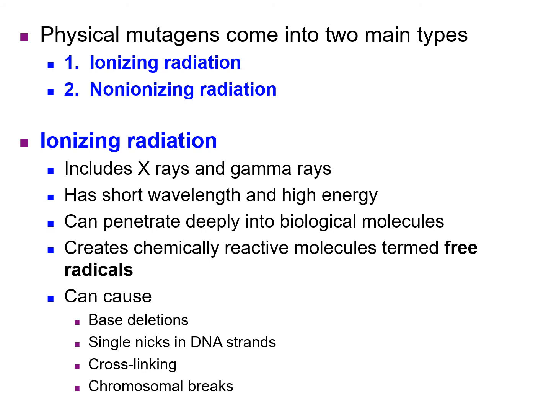This will create chemically reactive molecules termed free radicals. These free radicals can cause either base deletions or single nicks in the DNA strand. They also cause cross-linking and chromosomal breaks.